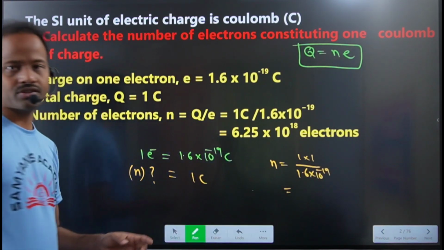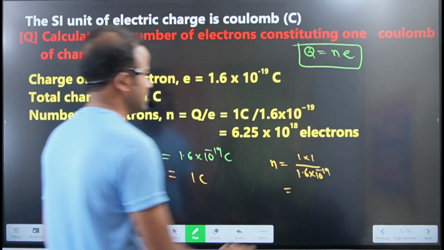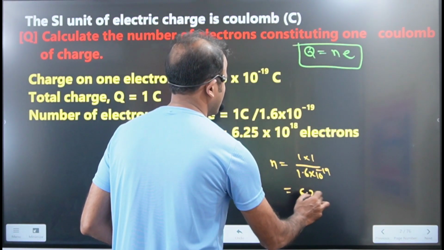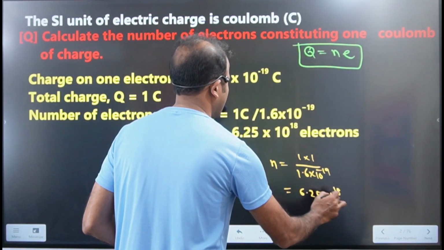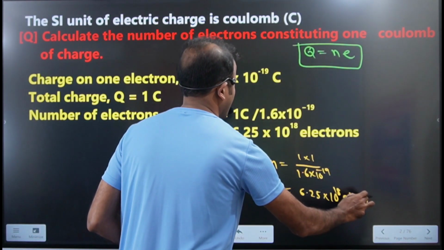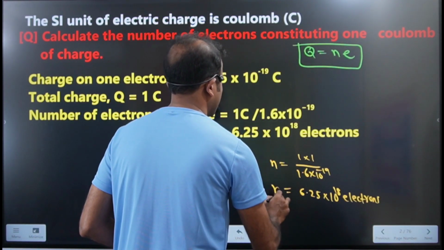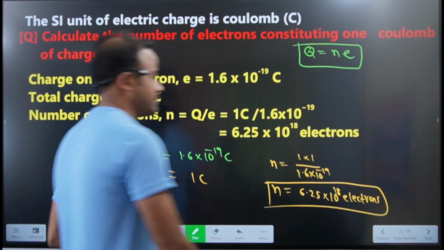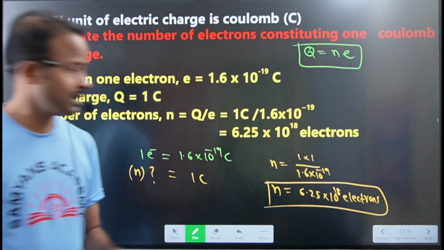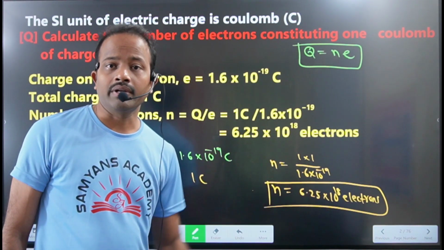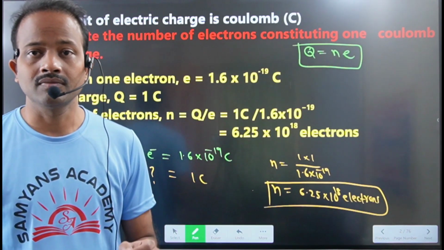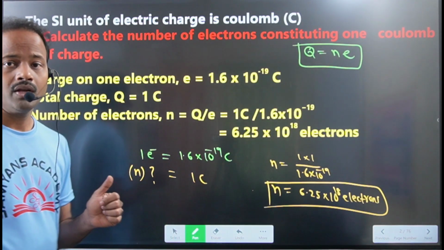When you do the calculation, you will get 6.25 into 10 to the power of 18 electrons. So 1 coulomb of charge consists of 6.25 into 10 to the power of 18 electrons. Is it clear, everyone?